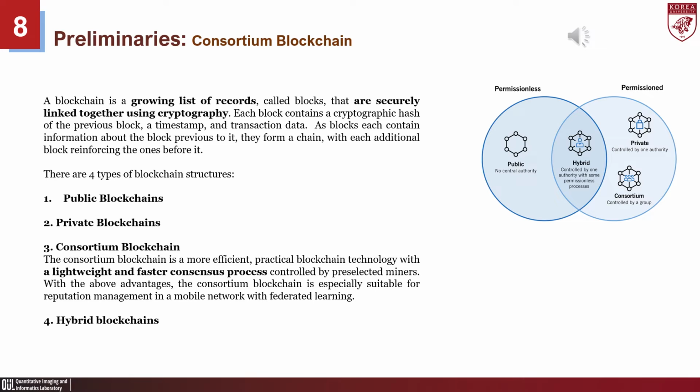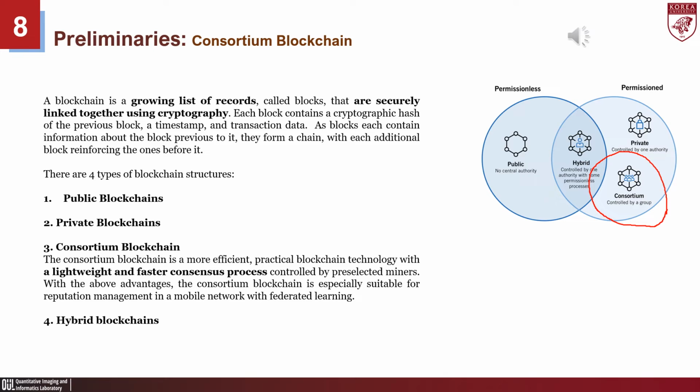A quick introduction about blockchain and consortium blockchain for those who don't know what blockchain is. A blockchain is a growing list of records, called blocks, that are securely linked together using cryptography. Each block contains a cryptographic hash of the previous block, a timestamp, and transaction data. A block contains information about the block previous to it, so they form a chain.